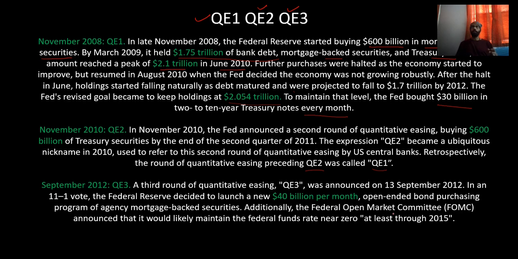Additionally, the Federal Open Market Committee, FOMC, announced that it would likely maintain the federal funds rate near zero at least through 2015. So interest rates near zero and money supply continuously increasing. These were the two tools being used continuously for an extended period. And these periods were phase-wise because they were declared in phases. They were called QE1, QE2 and QE3.